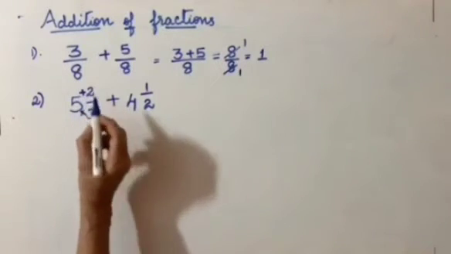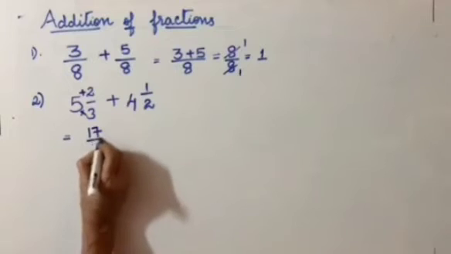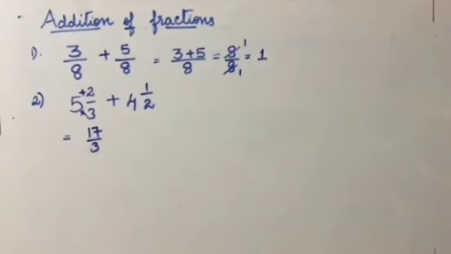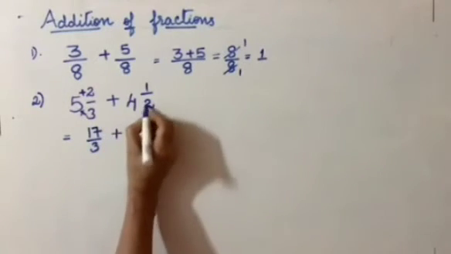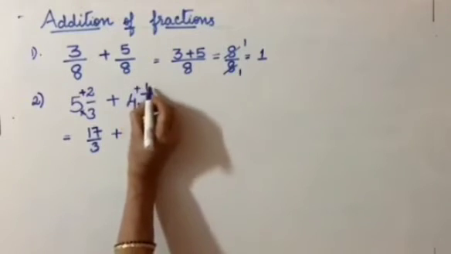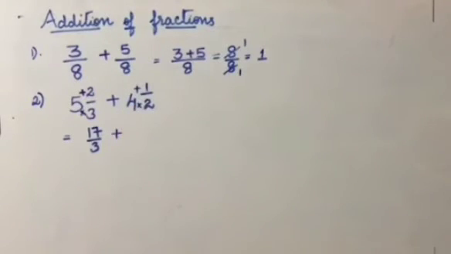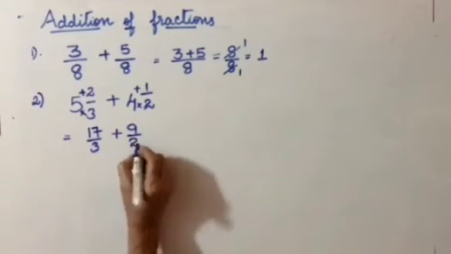So 15 plus 2 is 17 by 3. Do you all understand? Okay, I hope you understood this. Plus 2 into 4 is 8. 8 plus 1 is 9. Do you agree? So 9 divided by 2.